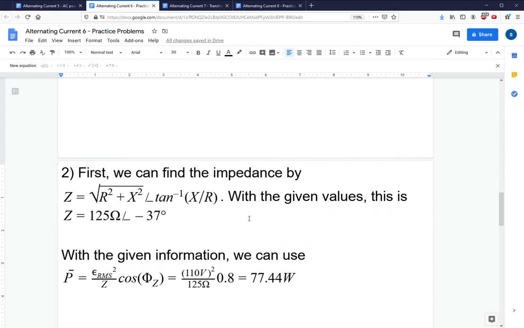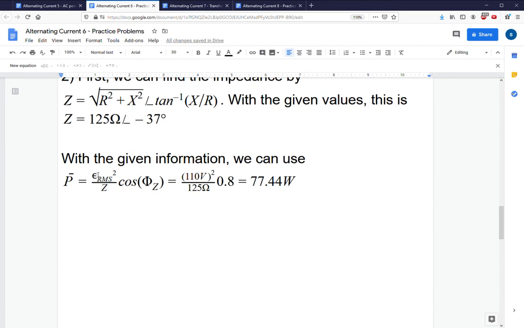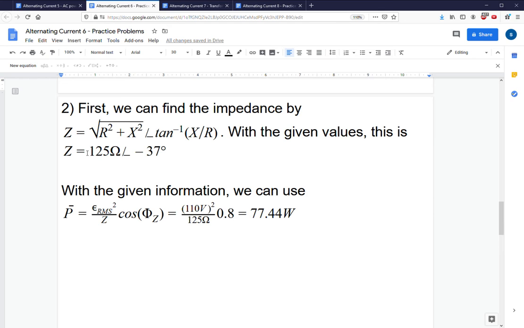Now let's use this information. The question is asking, what is the average power draw? We have the RMS voltage. We just calculated the impedance, and we know the phase angle, which means we can find the power factor. So we can go ahead and use this form of the power formula, plug in our values.